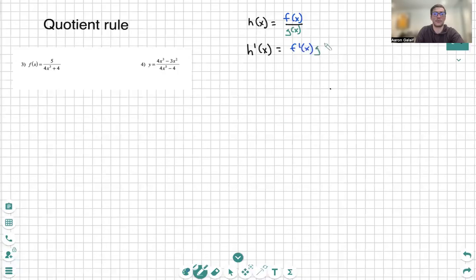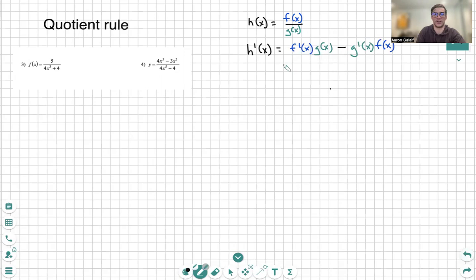Do not derive the denominator, just keep it as it is. Then subtract the derivative of the denominator multiplied by the unchanged numerator, so just what f of x originally is, all over that whole thing.